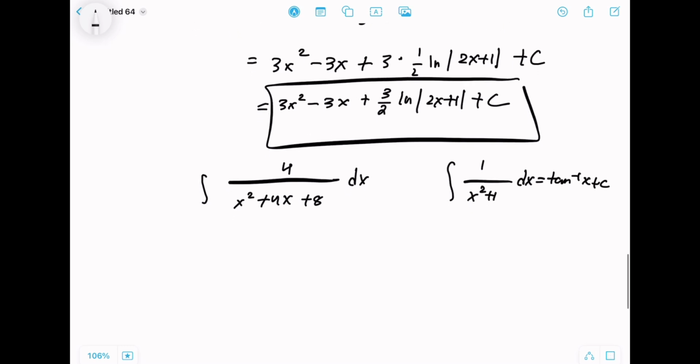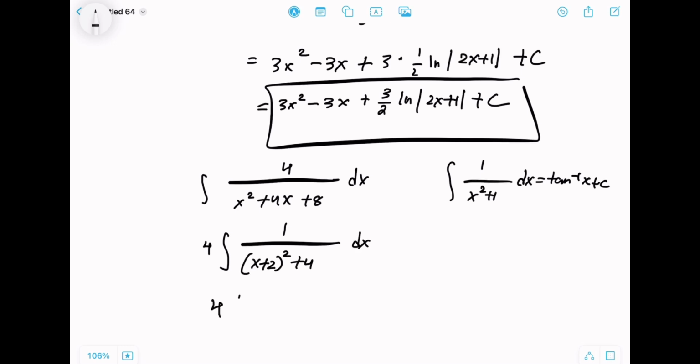So I'm going to complete the square, and I get 4. I'm going to factor out that 4, 1 over, and this is going to be x plus 2 squared. Now, in that, I introduce a 4, so I have to subtract a 4, and 8 minus 4 is 4, so this is plus 4 dx.